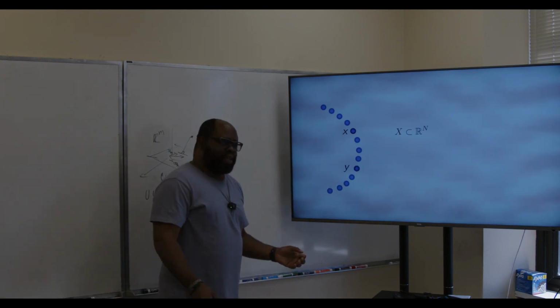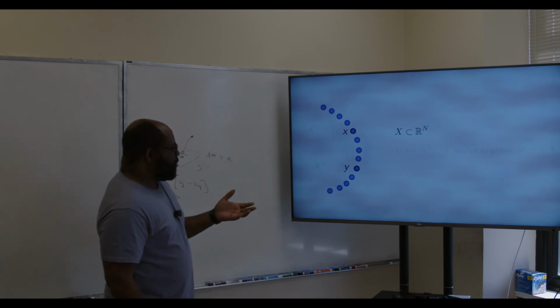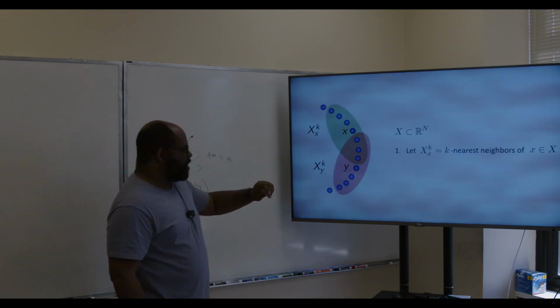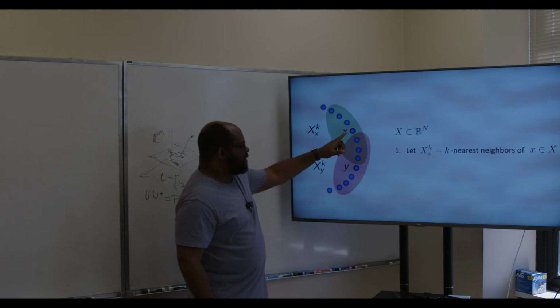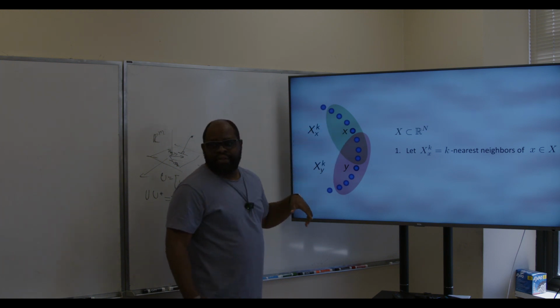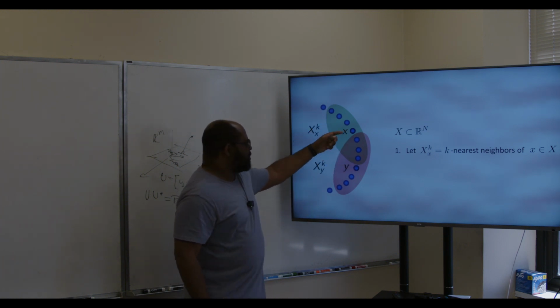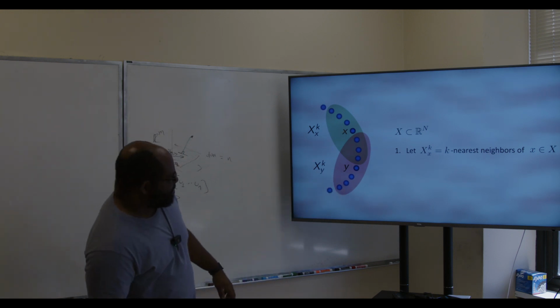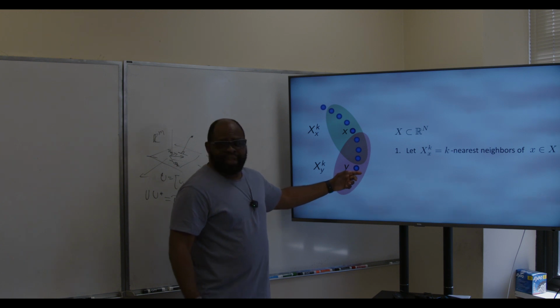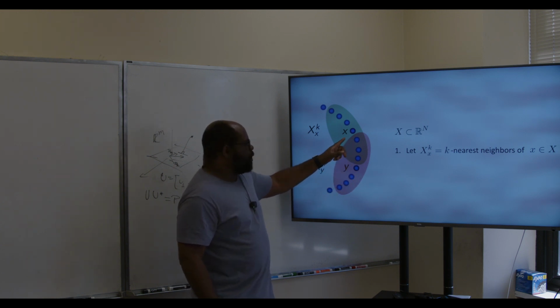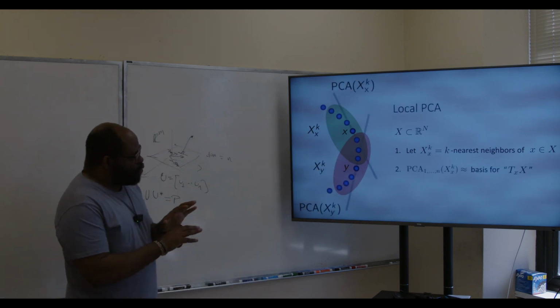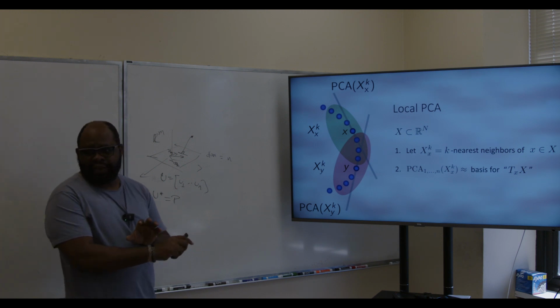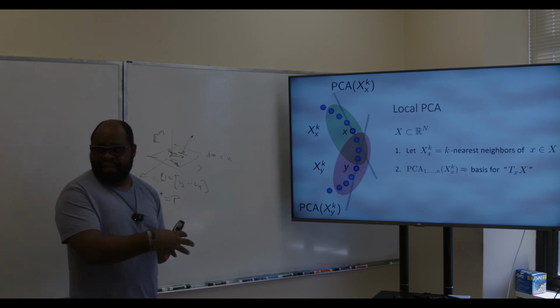For every point in your data set, you can look at the k nearest neighbors, the region in green for X and the region in red for Y. And you can just do principal component analysis on each one of those regions separately.